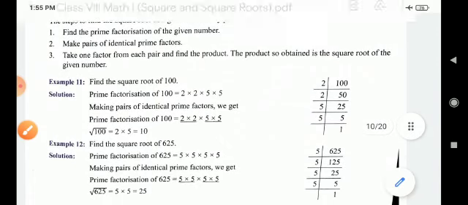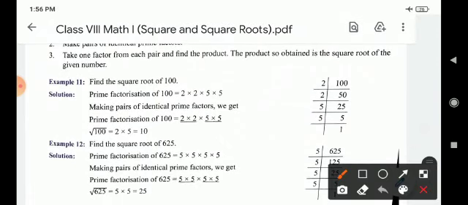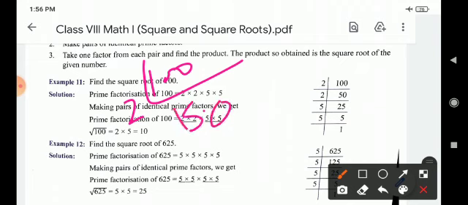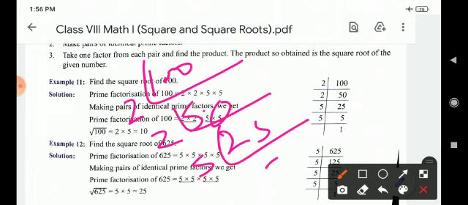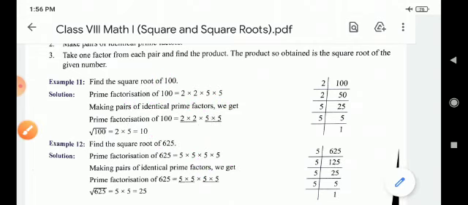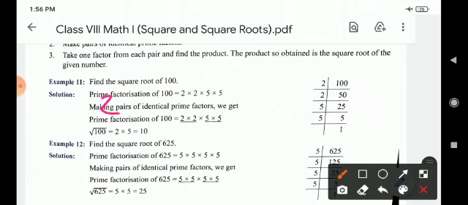Find the square root of 100. Prime factorization of 100 is equal to 2 into 2 into 5 into 5. Children, here 100: 2 50s are 100, 2 25s are 50, 5 5s are 25.